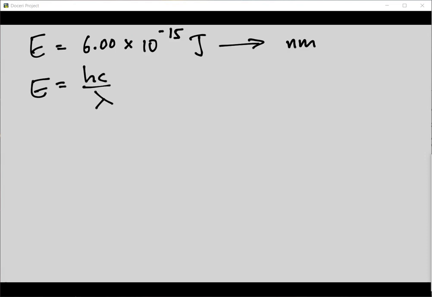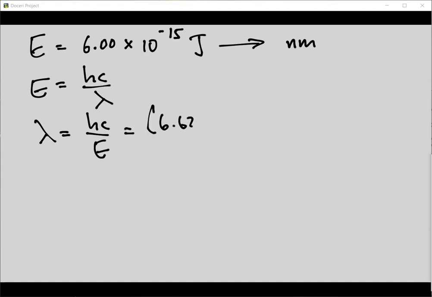Okay, so how do we rearrange this? Well, all you have to do again is to switch lambda and energy, and we get the equation for it, hc over energy. All right, so plug in the numbers. We know what Planck's constant is.